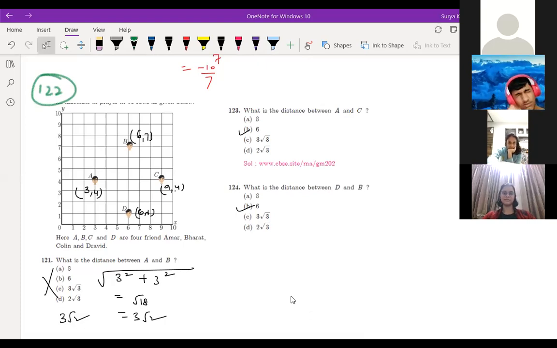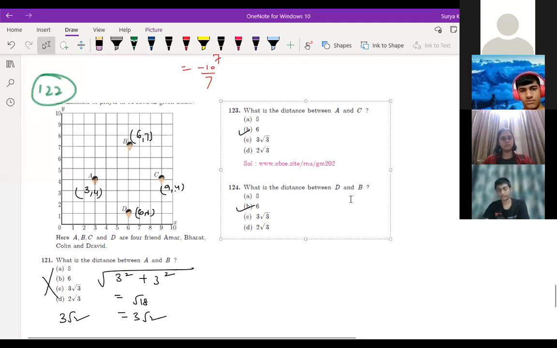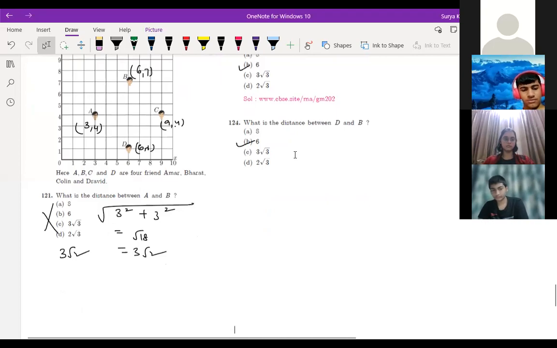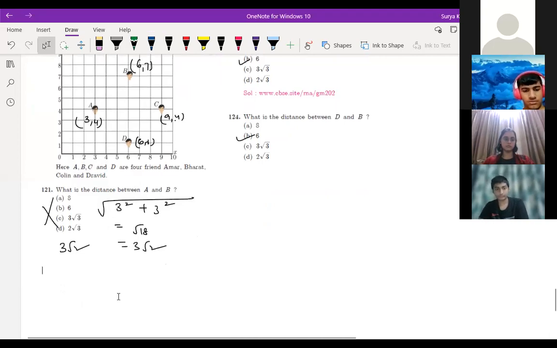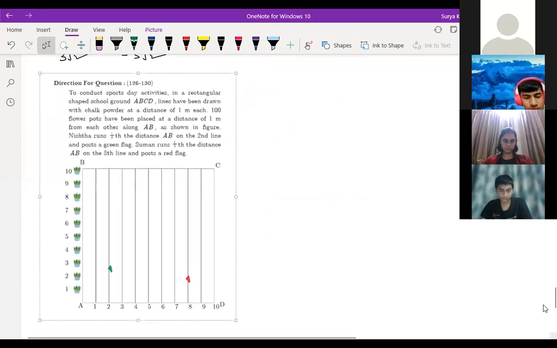Next question number is, this is a flag question actually. This is 126 to 130 is the question number. So these are the questions from 126 to 130.